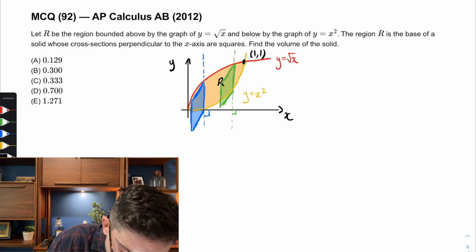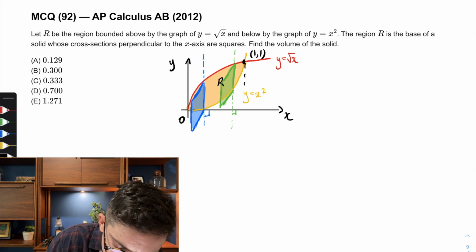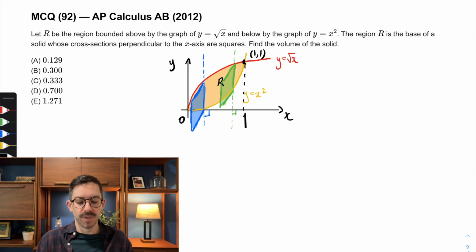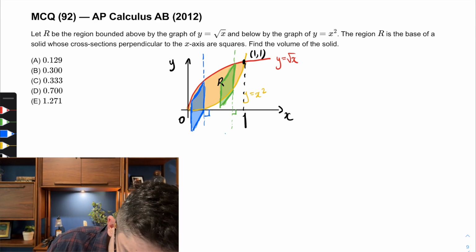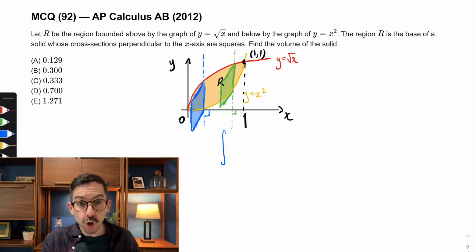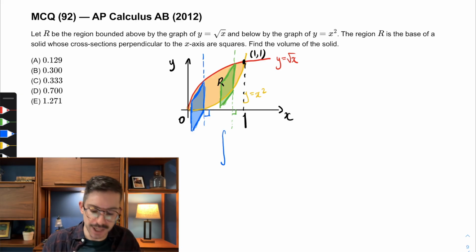As x travels from 0 up to 1, this solid is swept out by all of these square cross sections that I keep getting when I slice down. Now, the beauty of definite integrals, the beauty of calculus, is that I can figure out the volume of that solid by integrating the area of those cross sections.